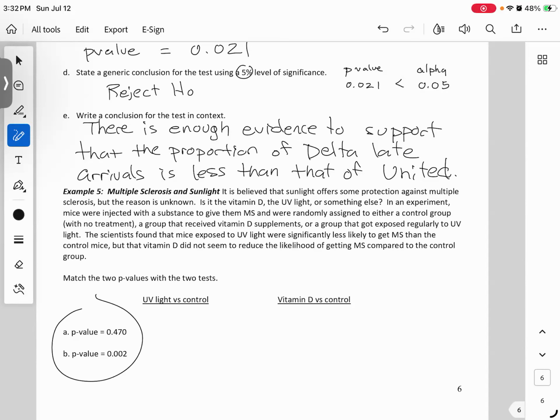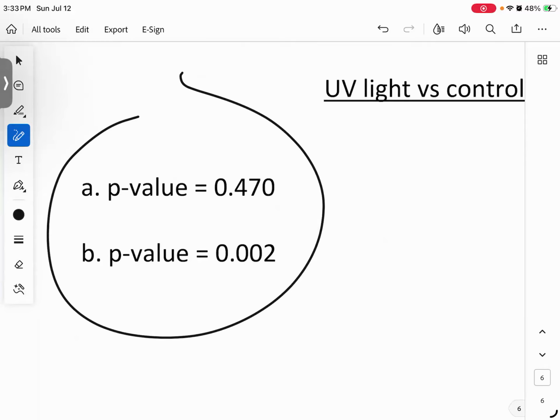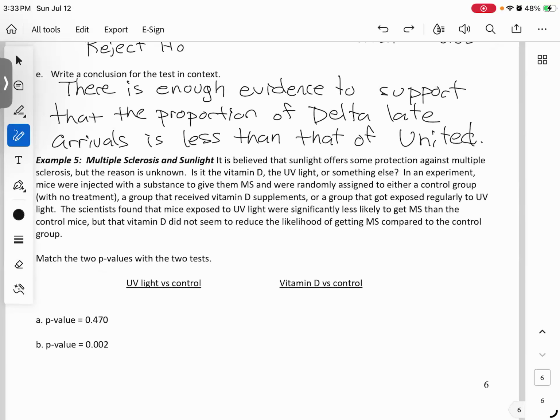So one of these two p-values is a good p-value, and one of these p-values is not a good p-value. One of those p-values is the good p-value, and it should go with the treatment that showed it was effective.